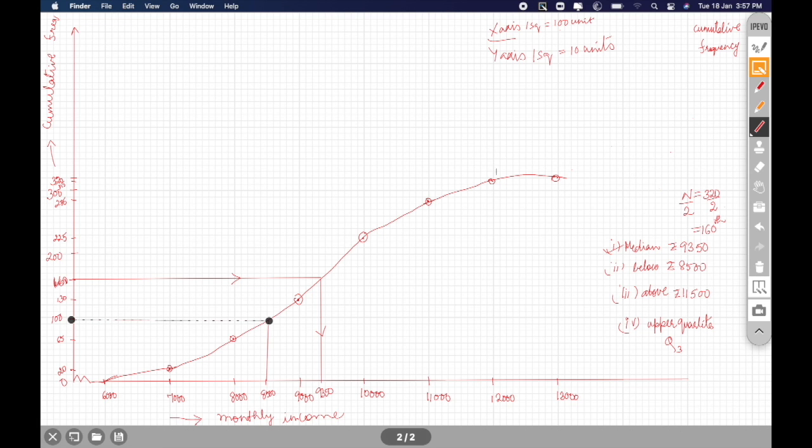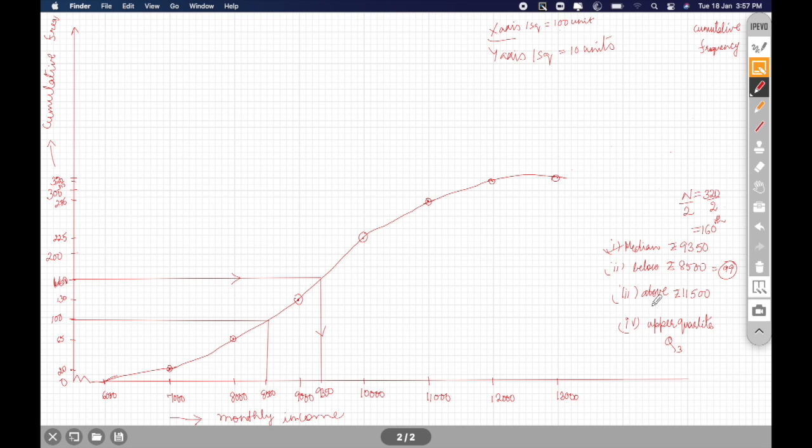Since we are talking of the number of workers, I cannot write it in terms of fractions, so I can say it as 97 or 99. So I can say that the number of workers whose income is below 8,500 is 99.